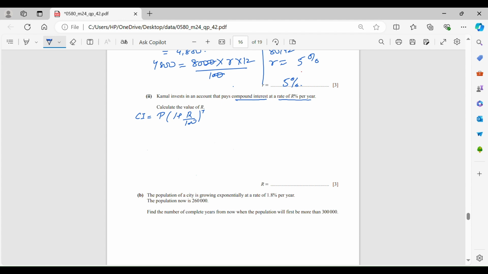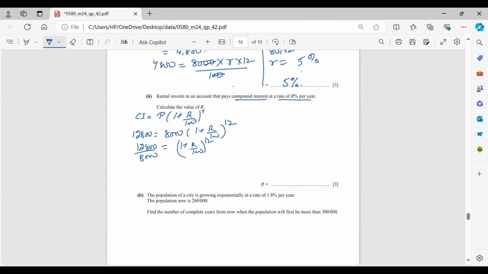So let's substitute these values. The compound amount is 12,800, which will be equal to the principal 8,000 times (1 plus r by 100) raised to the power time, which is 12 years. So 12,800 divided by 8,000 will be equal to (1 plus r by 100) raised to the power 12, right?